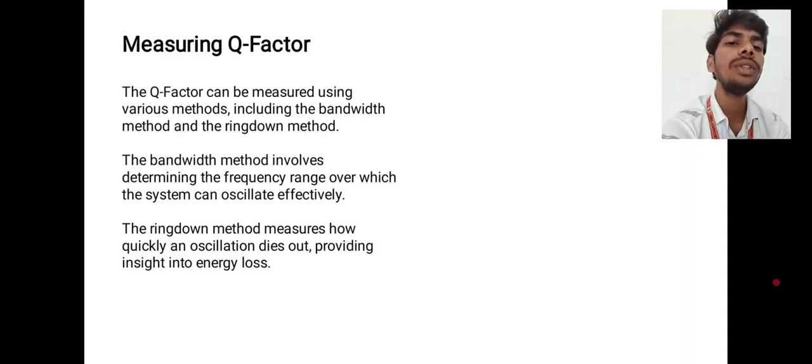The bandwidth method involves determining the frequency range over which the system can oscillate effectively. The ring-down method measures how quickly an oscillation dies out, providing insight into the energy losses.